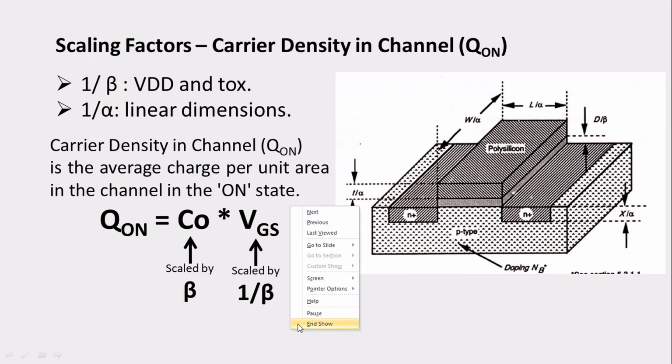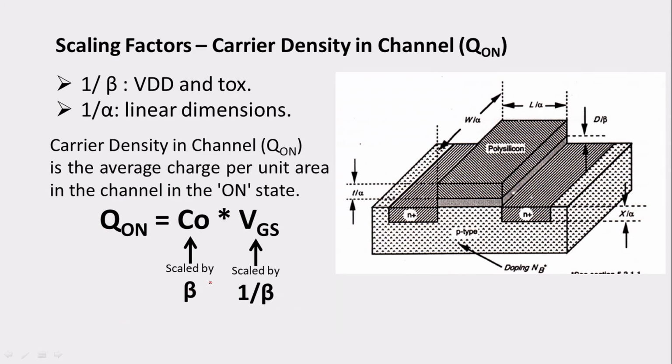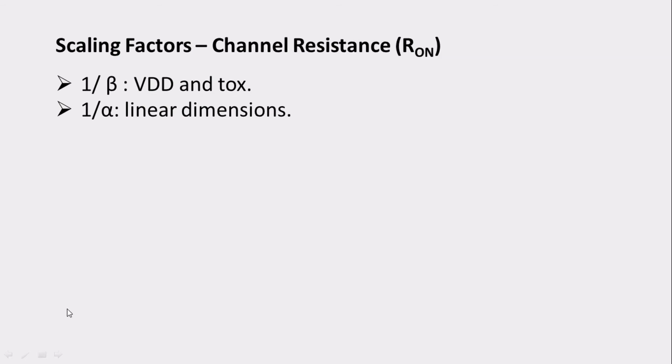So beta into 1 by beta, this beta and that beta get cancelled, and finally we are left with 1. So the scaling factor of carrier density in a channel when the transistor is in on state is a numerical 1.